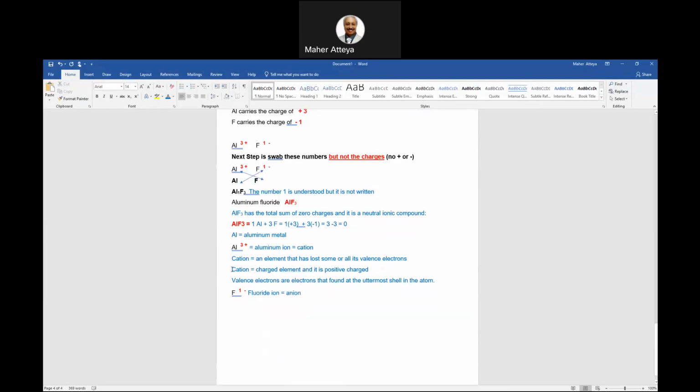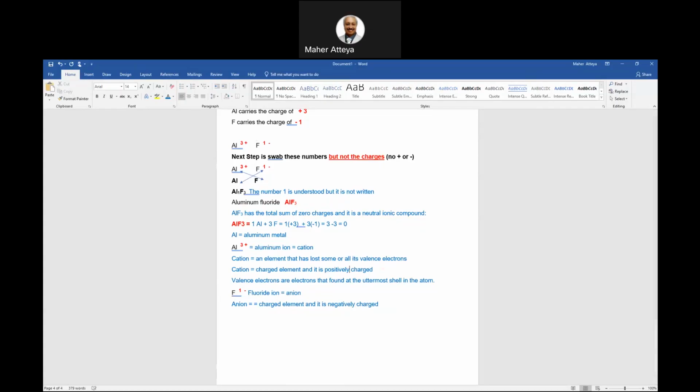So we'll copy this one here. So what is an ion? An ion is a charged element, and it is negatively charged or positively charged.